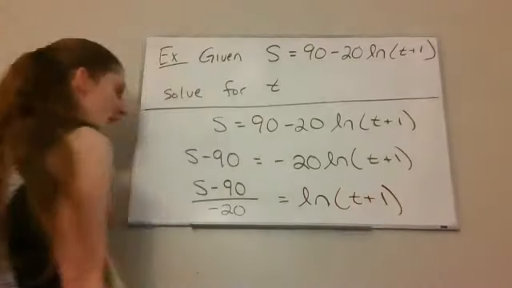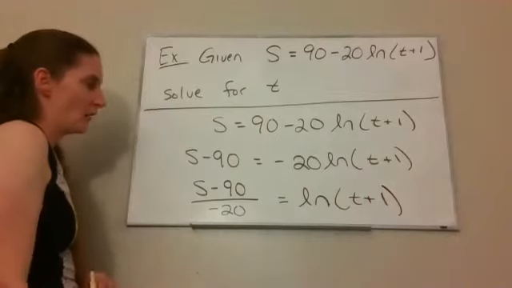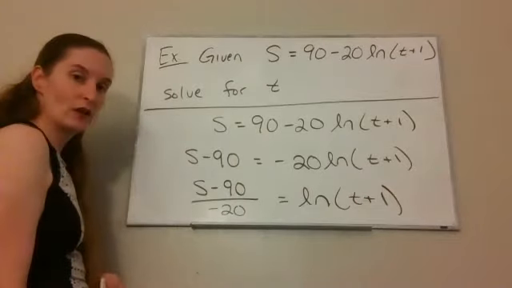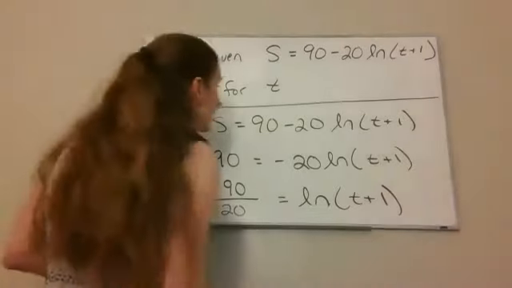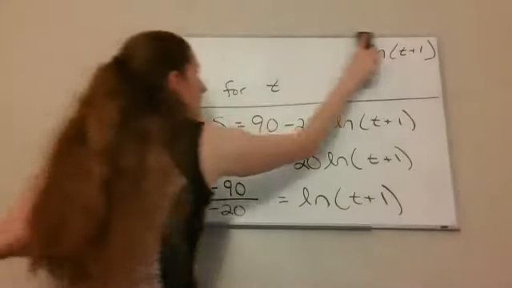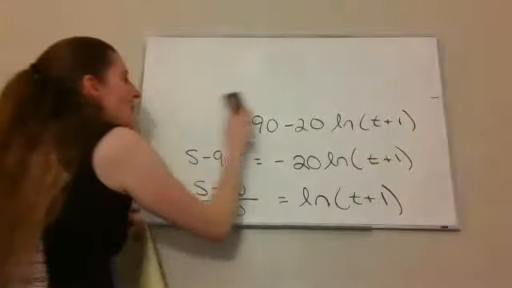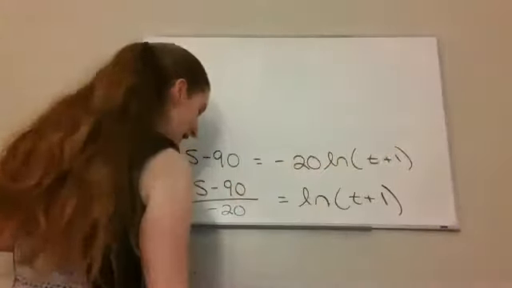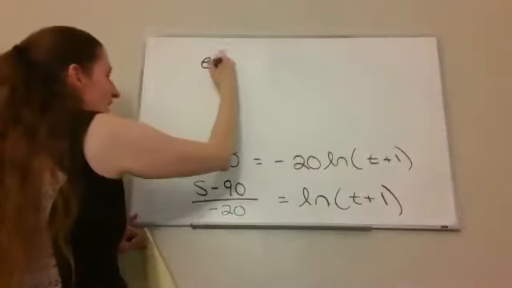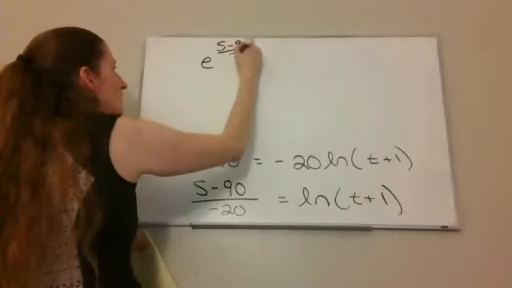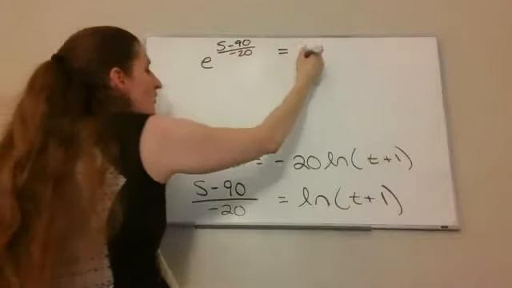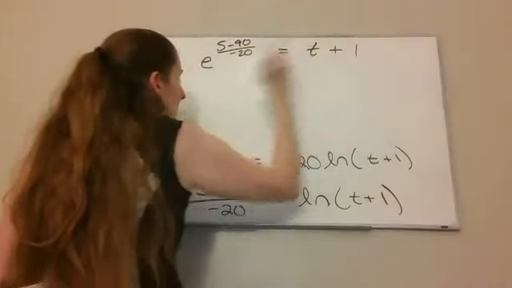And now I'm ready to solve the equation. So I have a logarithm by itself on one side and a bunch of stuff on the other side. We have to rewrite this in exponential form. The base of that logarithm is e. So I get e to the (S minus 90) divided by negative 20 power equals t plus 1.